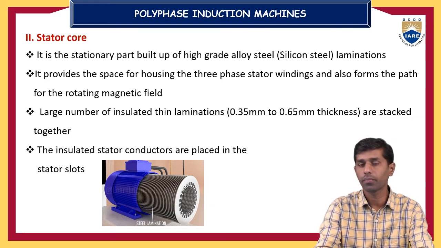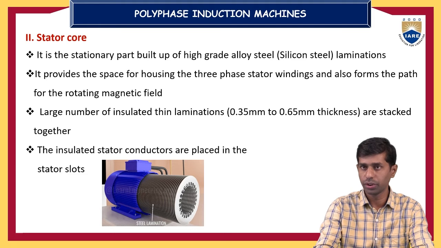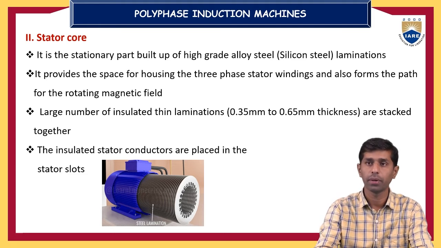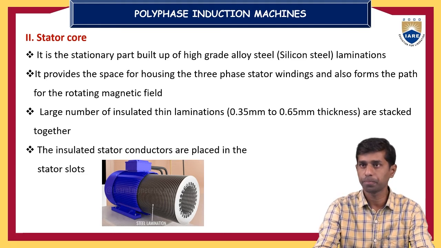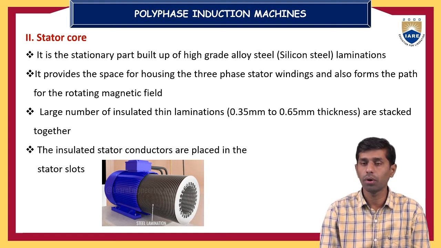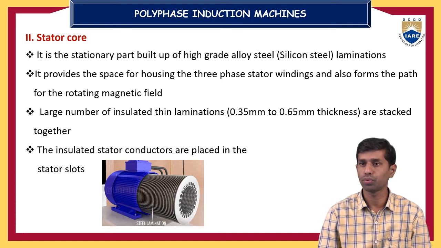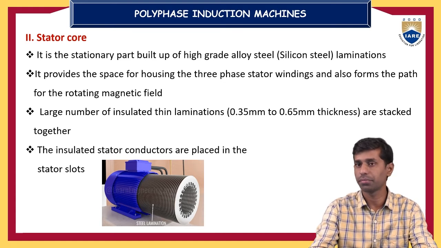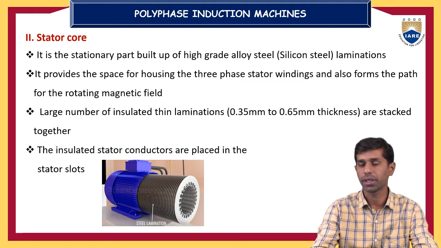Stator core. Generally, the stator core is made up of high-grade alloy steel, called silicon steel. Generally, we prefer proper laminations. The laminations of the stator core generally vary in thickness from 0.35 mm to 0.65 mm, and the thickness of the lamination depends upon the frequency of the supply connected to the stator.